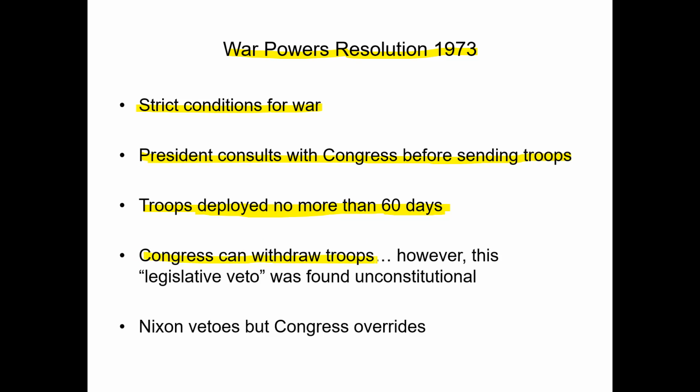Congress said that we can withdraw troops if we don't think it's going well. However, this was termed a legislative veto, this violates the separation of powers in the Constitution, and this went to the Supreme Court, and it was struck down, found to be unconstitutional, so Congress does not have that power.